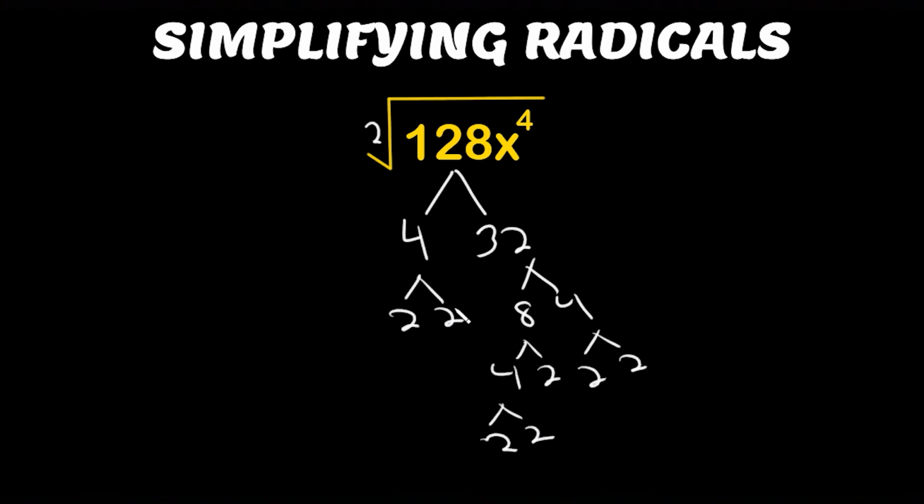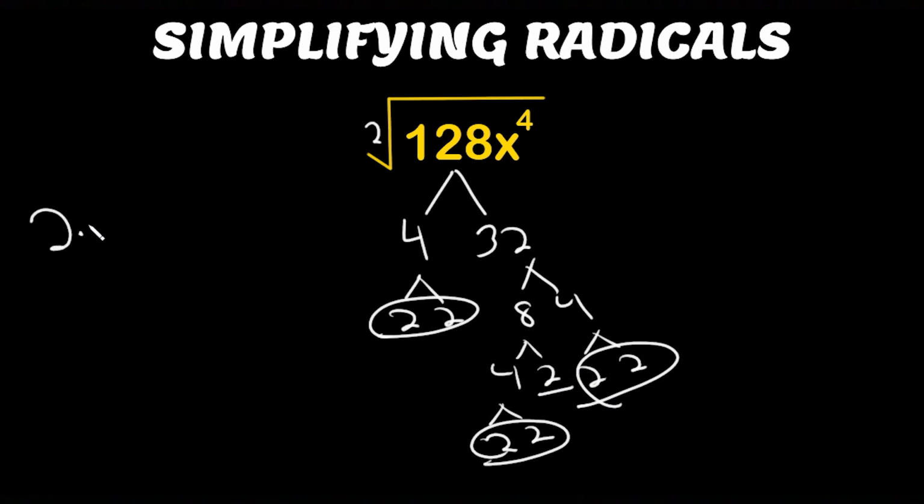So let's go ahead and circle our pairs. I have 1 here, 1 here, 1 here, and this 2, I don't have 1 for, so that 2 stays underneath. So I can pull out 3 2's. So 2 times 2 times 2, there's 3. Underneath, I'm going to have 2. That one's staying there.